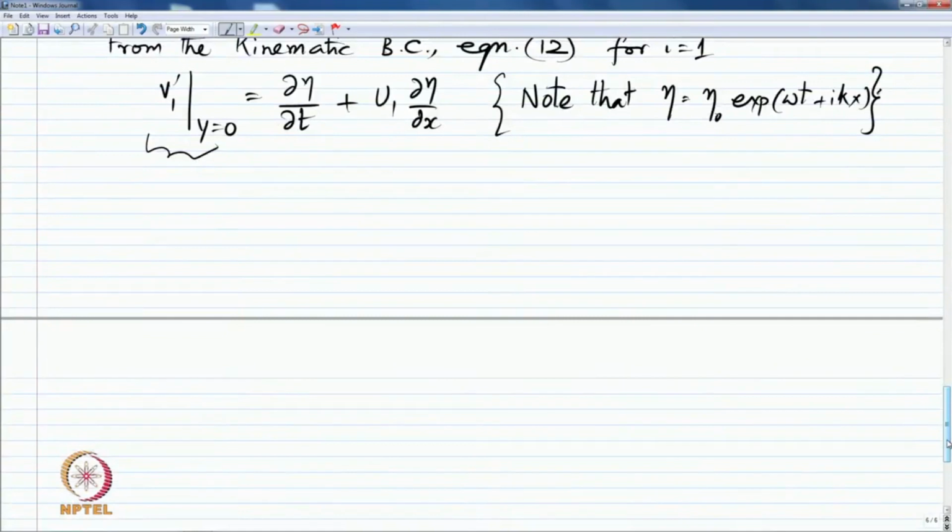now substituting what we have for V1 into this, we get k times C21.